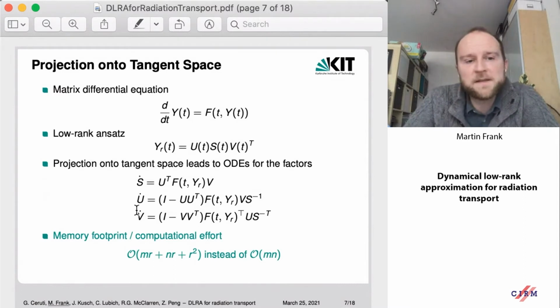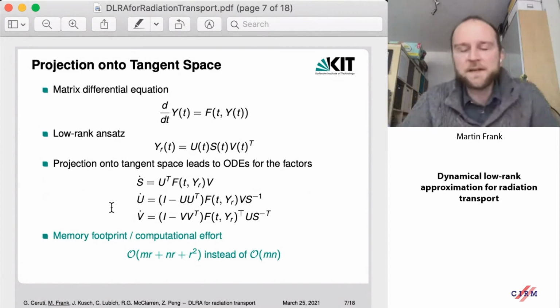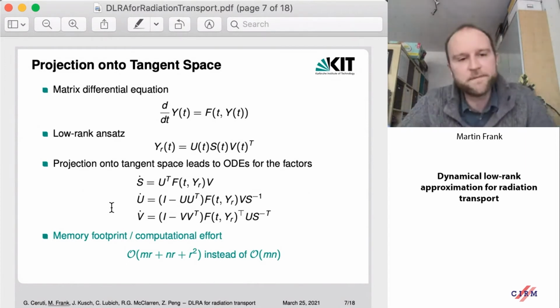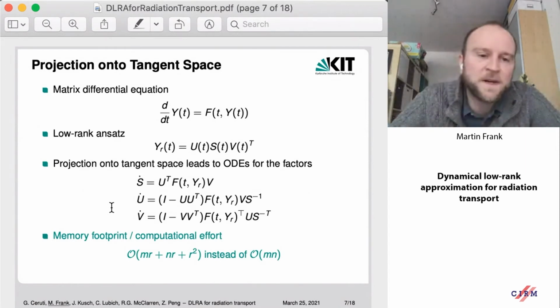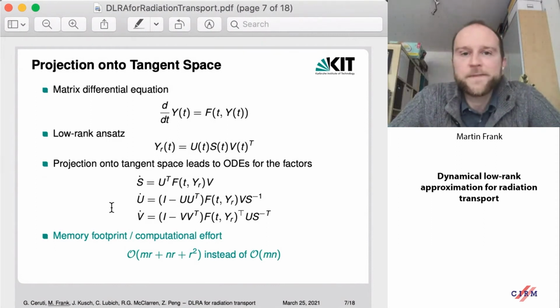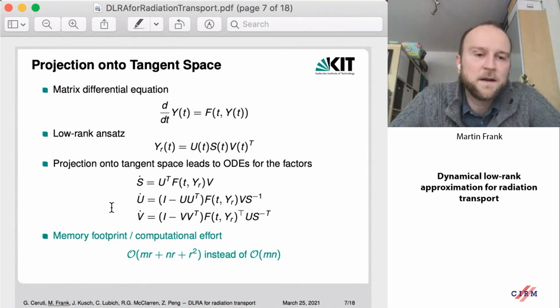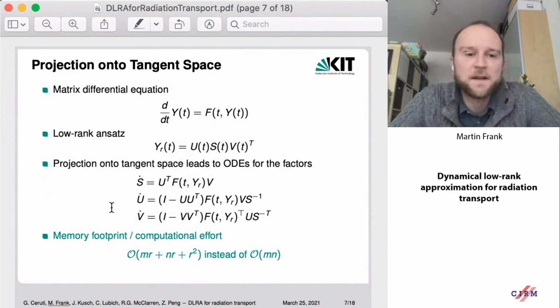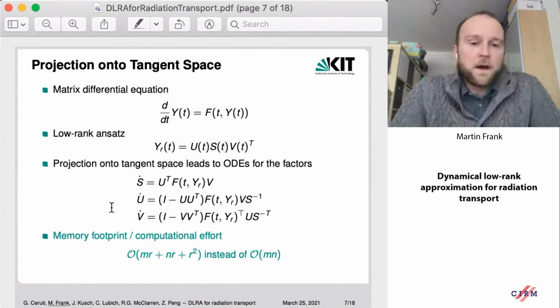So the optimal bases in which I express the solution, they are collected in U and V, yeah, the orthogonal bases of, you know, the image space or whatever of my solution. They satisfy an evolution equation, right? So I get them in a certain sense automatically. The method selects basis functions by itself. All right.